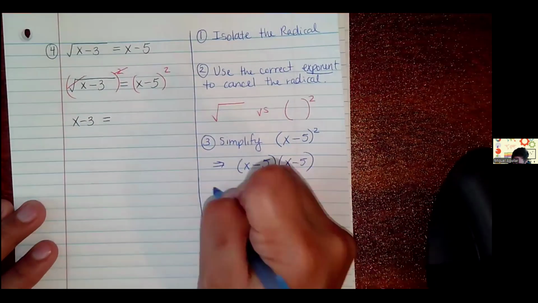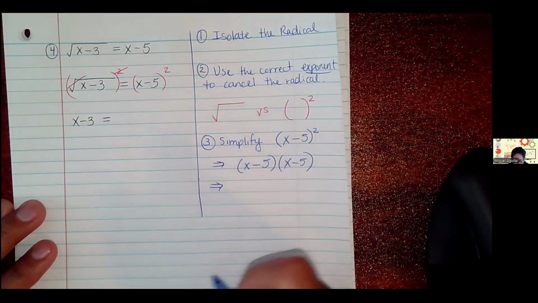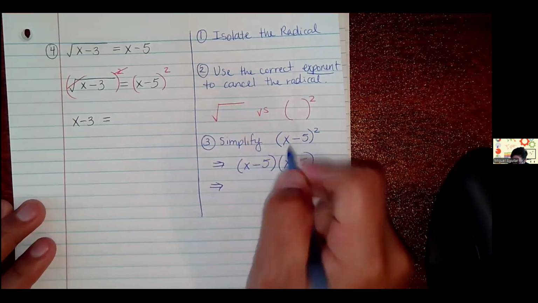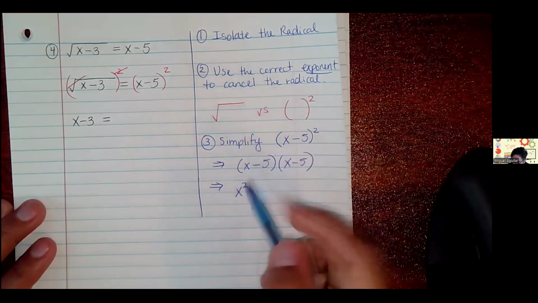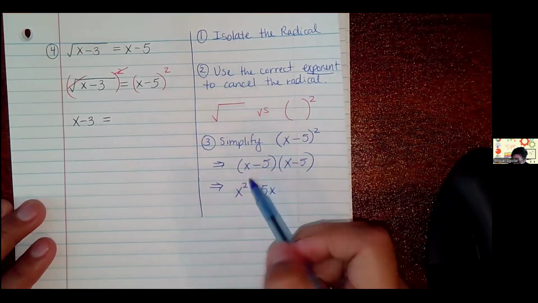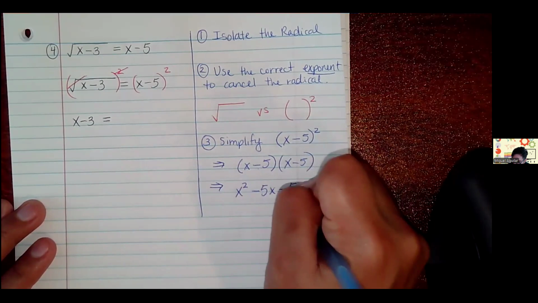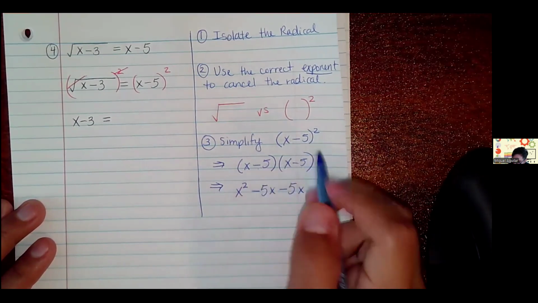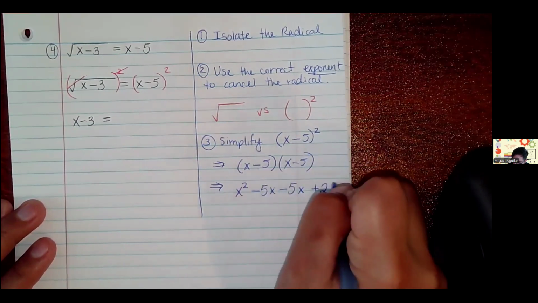So when we simplify this, we're going to use the FOIL method to multiply x times x, which is x squared, x times negative 5, which is negative 5x, negative 5 times x, which is another negative 5x, and then negative 5 times negative 5, which is a positive 25.